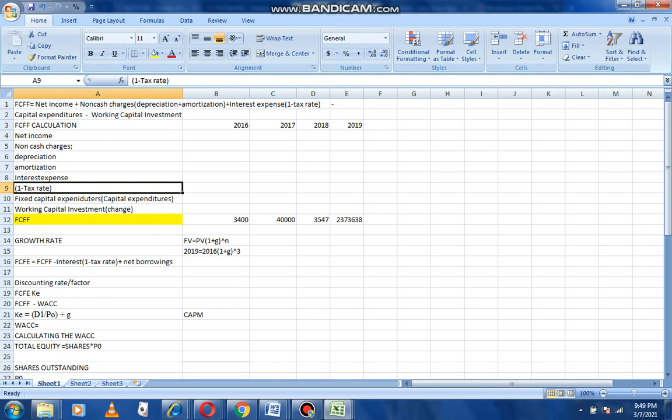We need 2 growth rates. The first growth rate we will use for maybe 1 to 5 years, and then the growth rate to infinity. For the growth rate to infinity, you can say that according to a theory, your growth rate will at one time in the future come back to two-thirds.